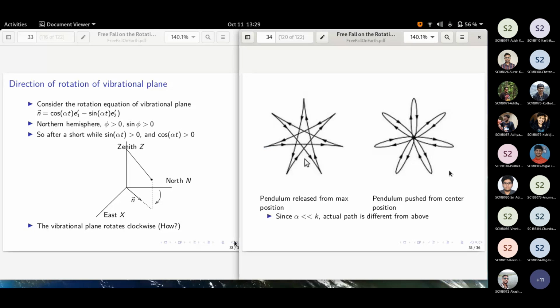Okay, so some of the actual motion is given here. If you release the pendulum from the max position, that is from the L, you can see this pointed star motion. However, if someone pushes it from the center, you can imagine that you are at the center and then you are pushing it.